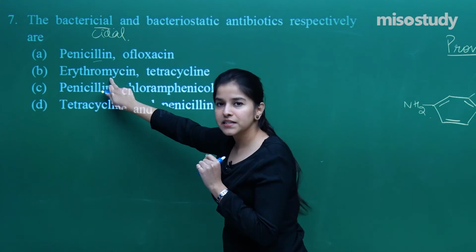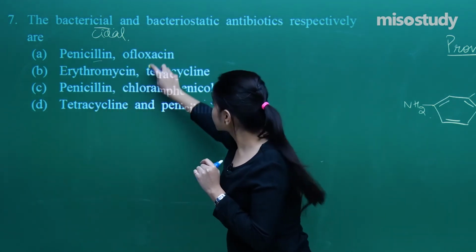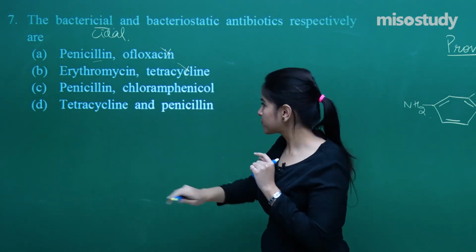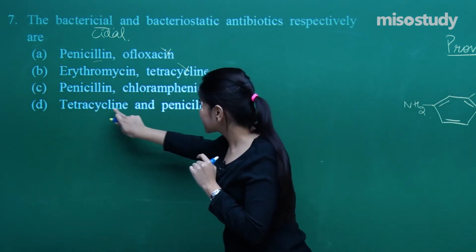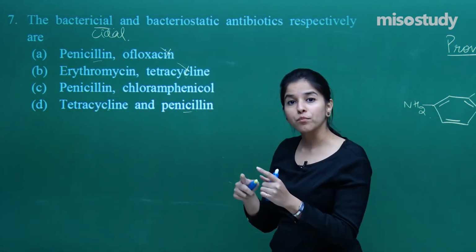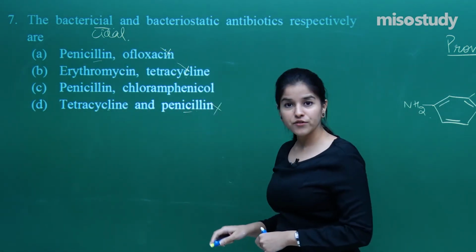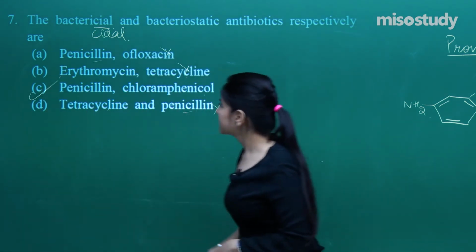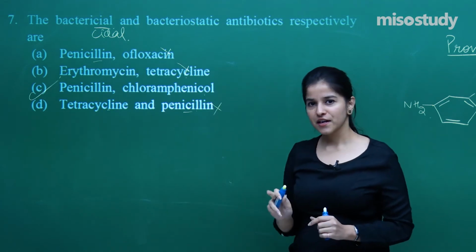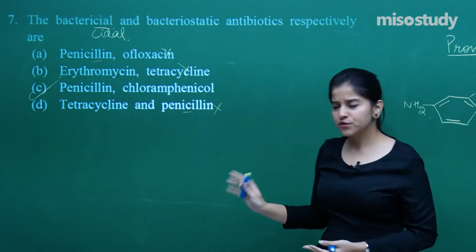So erythromycin, again what? Bacteriostatic. So this is also not an option. Penicillin, chloramphenicol, that is our option. If you look on to the last one, tetracycline, it's bacteriostatic, whereas this is bactericidal, opposite. That means not required. I've got my answer here. Penicillin is bactericidal, chloramphenicol is bacteriostatic. So I hope everybody's got it. It's very simple.